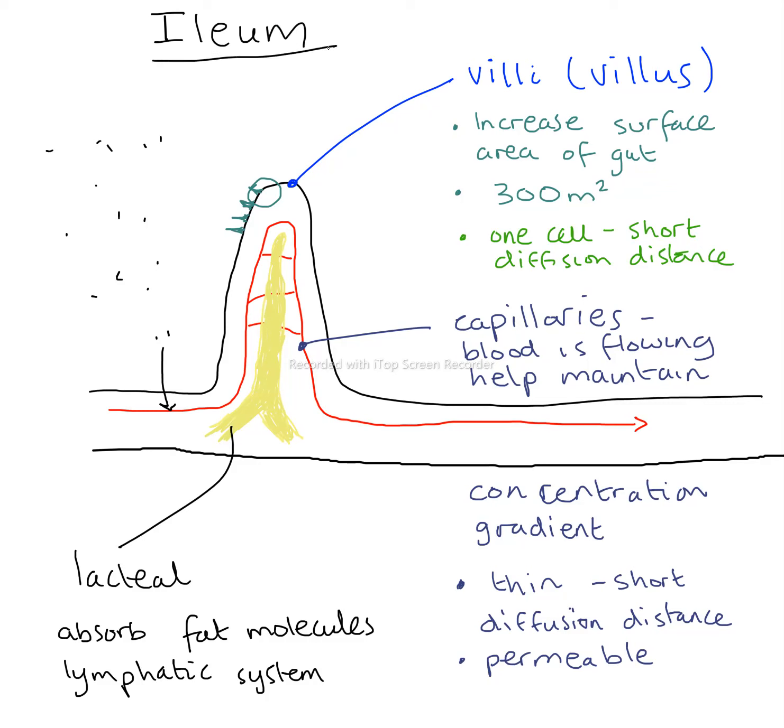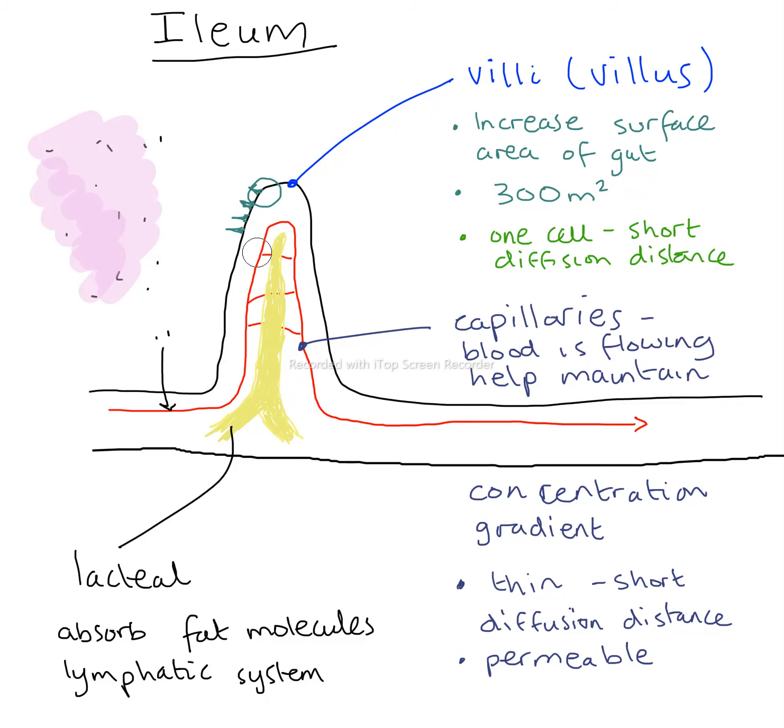So let's just quickly go through that. This is a bit longer than I'd hoped. Okay, so you have your digested food in the gut, in the small intestine, and now it needs to get absorbed into the blood and then head off to the liver for processing.